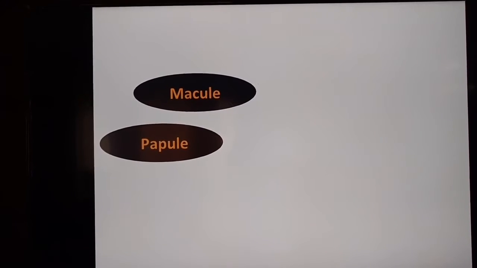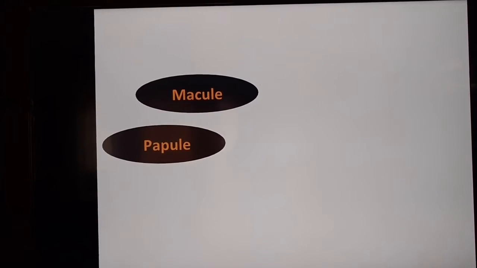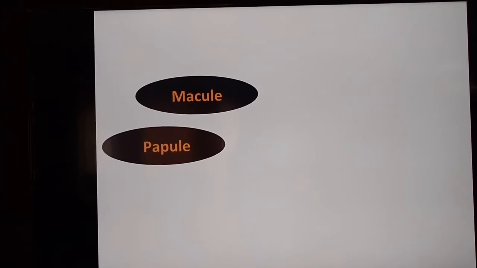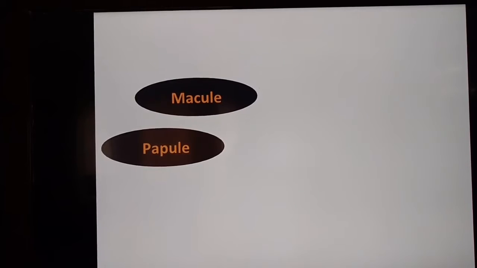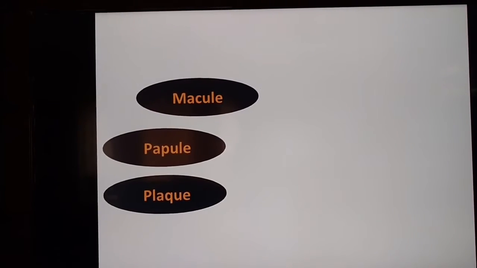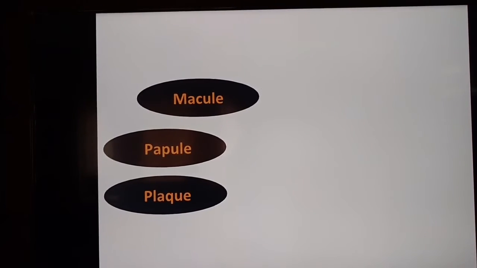A vesicle is a fluid-filled small blister which can appear in the oral cavity or also in the skin. This vesicle can get enlarged to form a bulla, and once the bulla occurs, it can get filled with pus, and that will lead to a pustule formation.